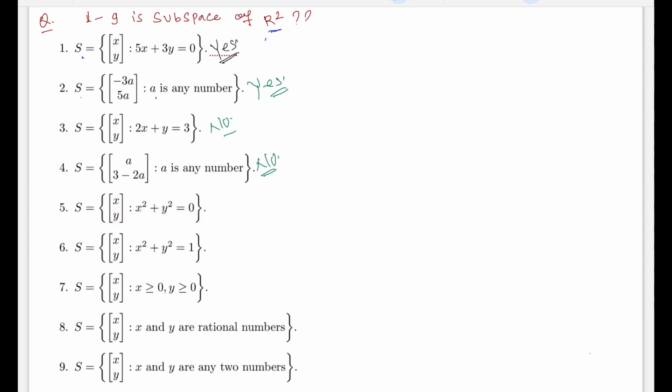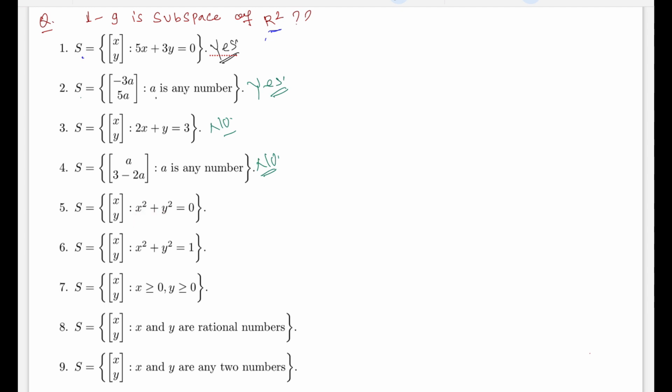Now note that whatever the first component or second component is, their square will always be positive, right? Even if you take the first component as -1 and the second component as -1, their squares will be positive, and you add them.